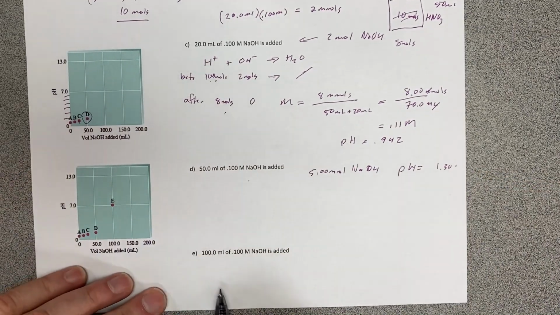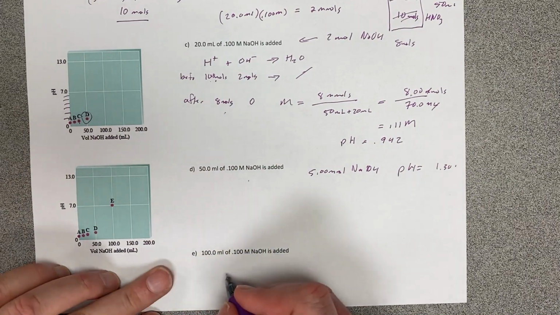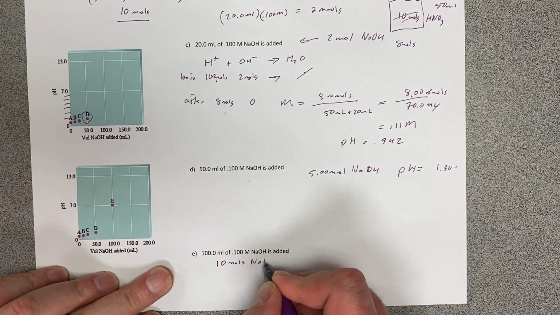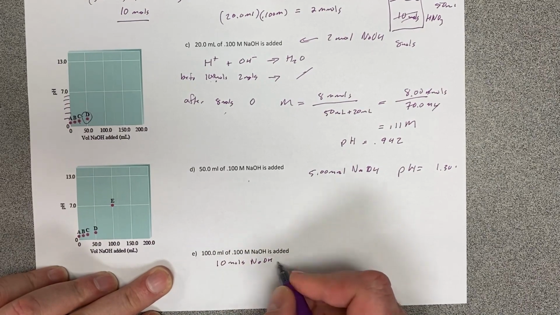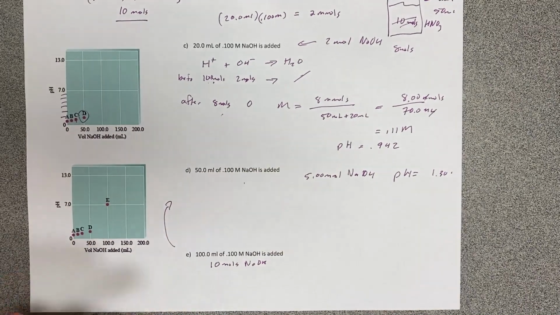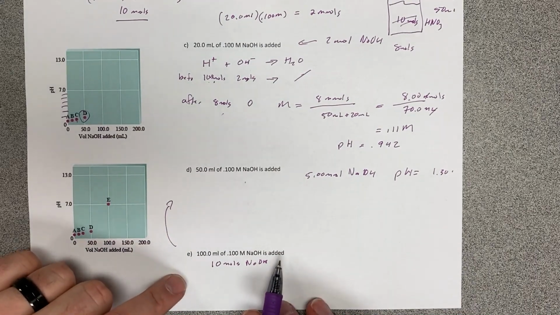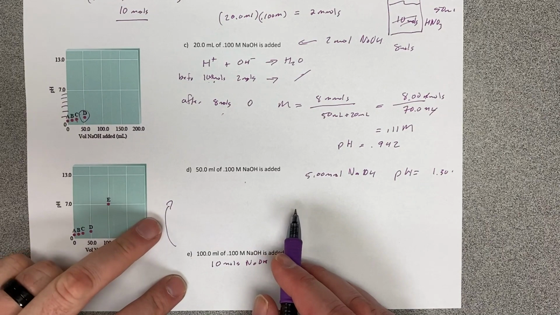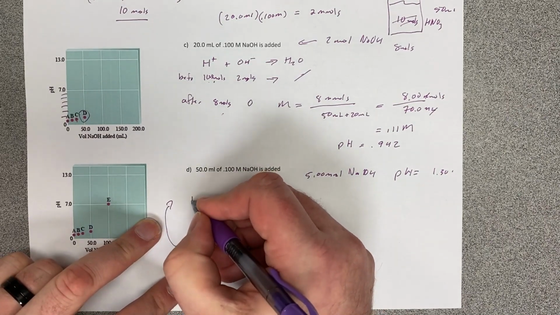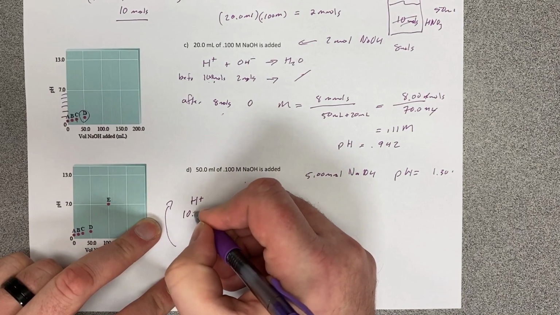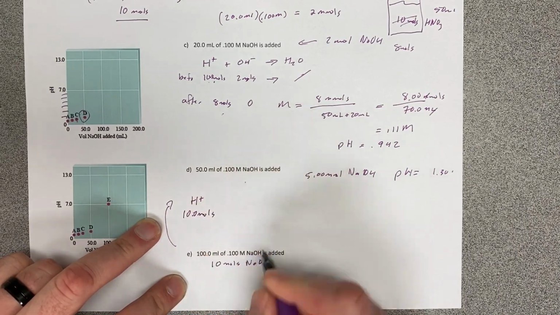Now, the formatting got a little bit wonky here, but what if we added 10 millimoles of the NaOH? Isn't that what 100 times 0.1 is? I'm going to do the work up here just so you can see it a little bit better. So this is a very special point in our problem, because we said from the beginning, when we look at our H plus, we have 10.0 millimoles of that to start with.